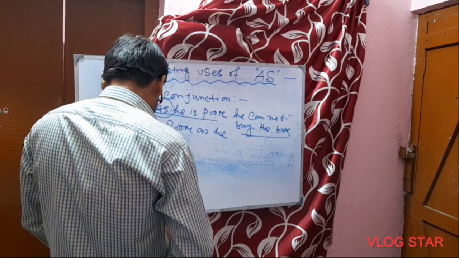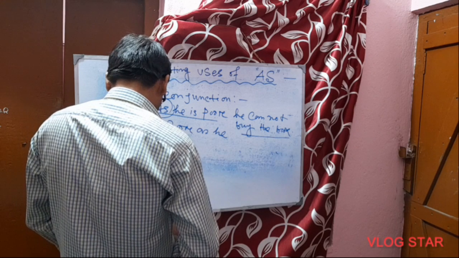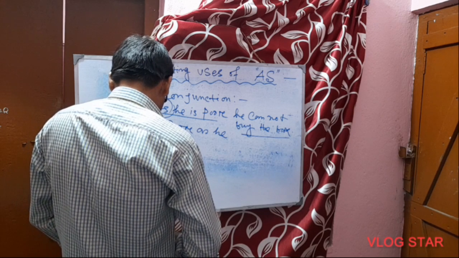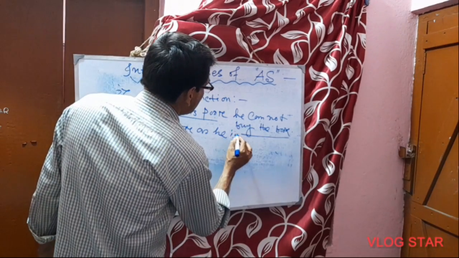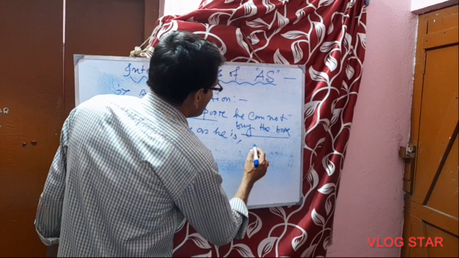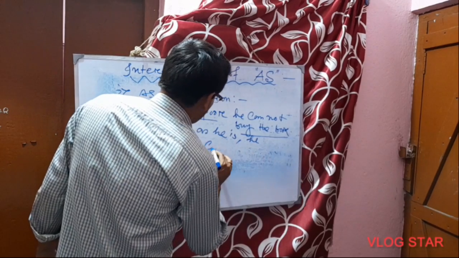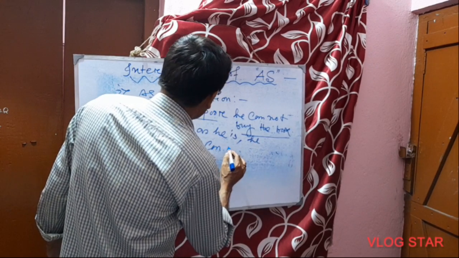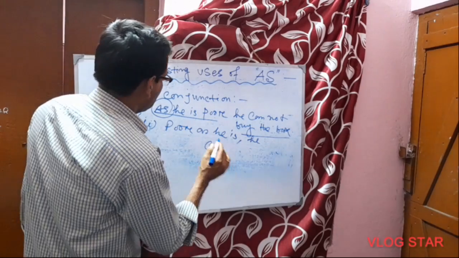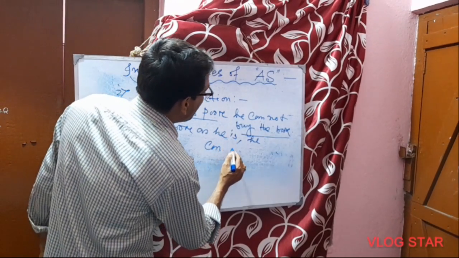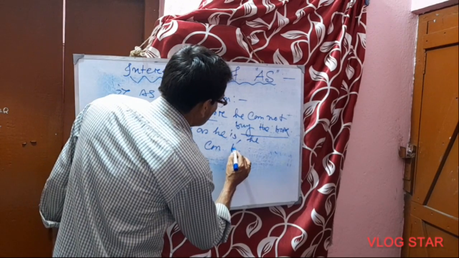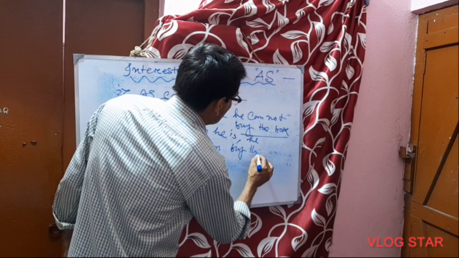Now if you consider the next example, poor as he is, he can buy the book.